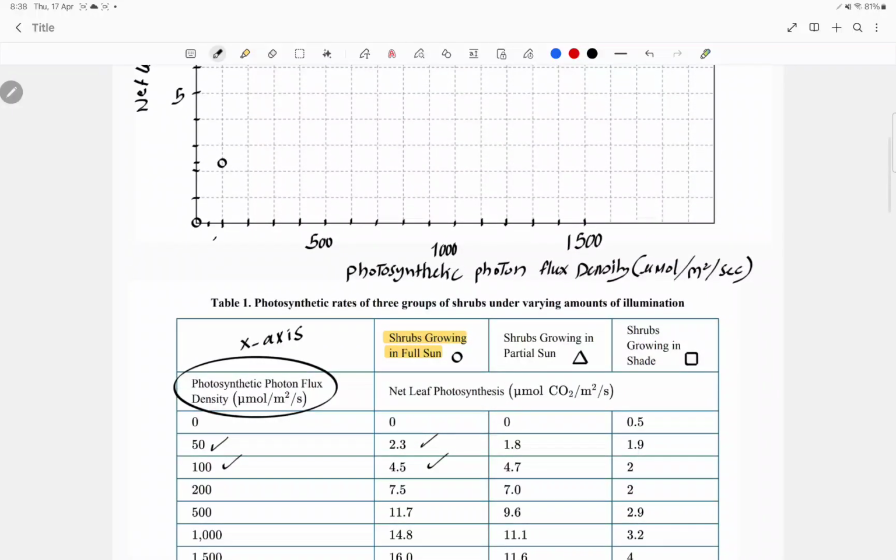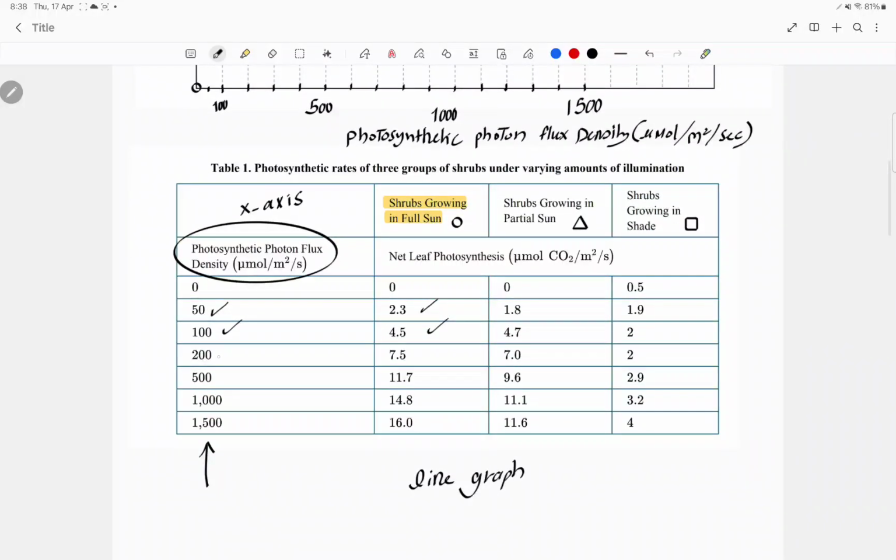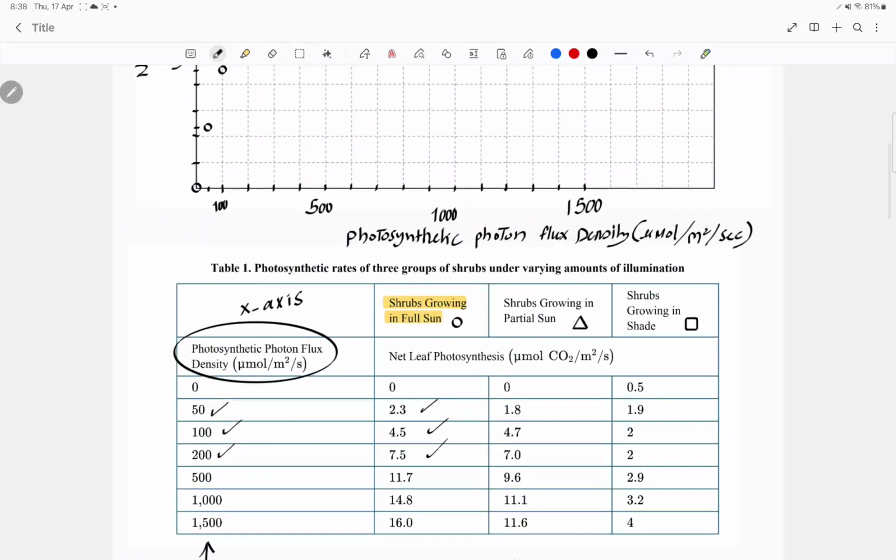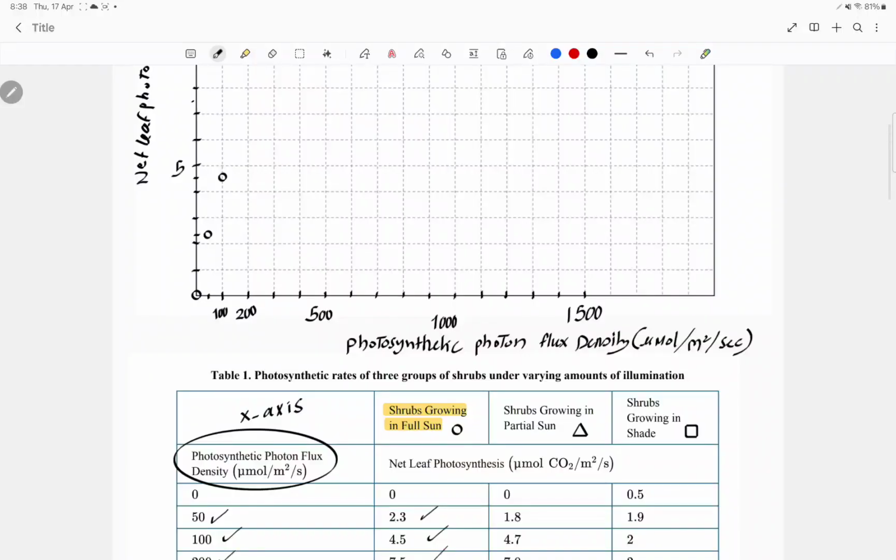104.5. So that's 100 and that's 4.5. Wait, I made a mistake with this one. It has to be here. 104.5, which is here. Then we're going to have 207.5. 207.5 is here because that's 7 and that's 5.